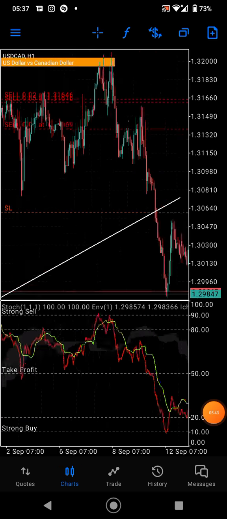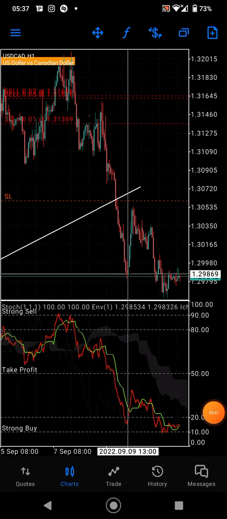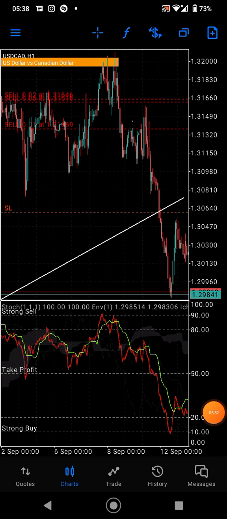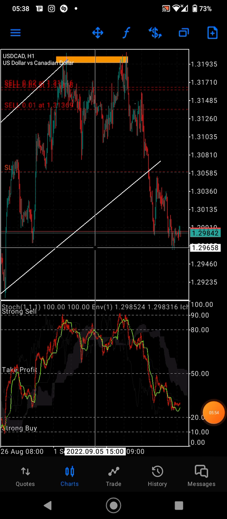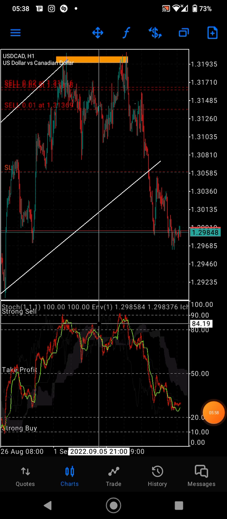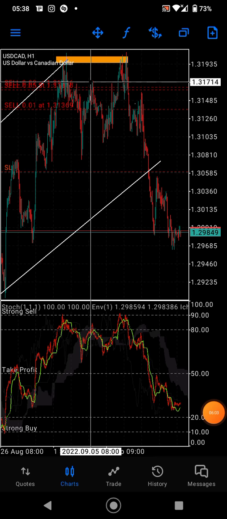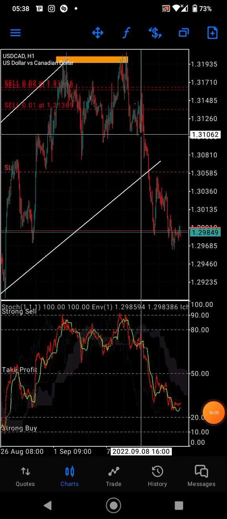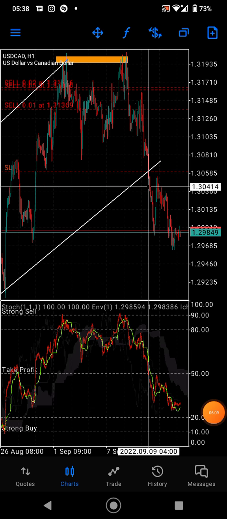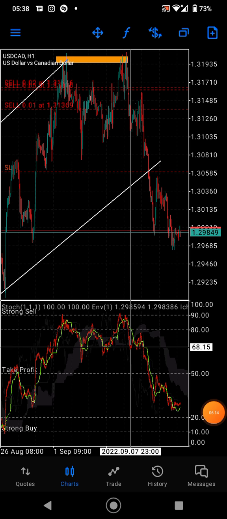This was the first strong one because it broke the structure right here, came back to retest it, and started heading downwards. You can use this indicator value like this. When price was on the 90 level right here, and you saw all of this happening, you saw your head and shoulders, the price broke structure and started heading downwards.